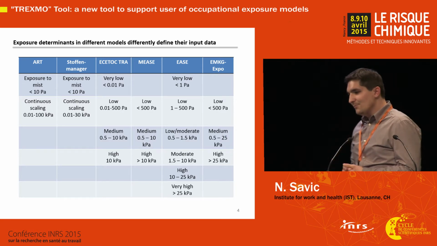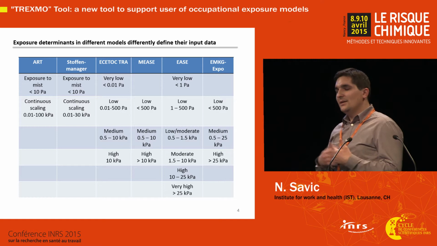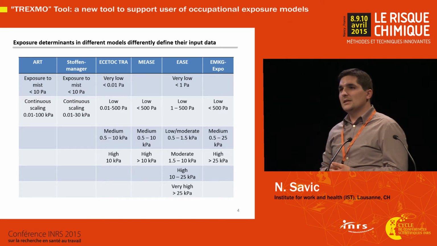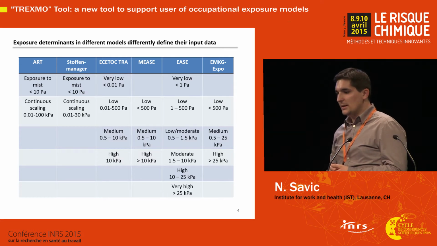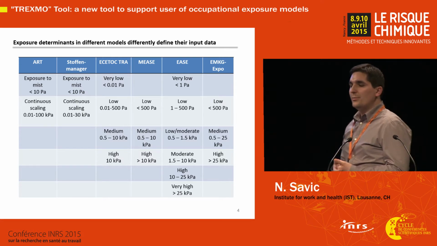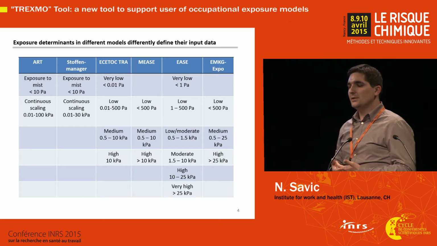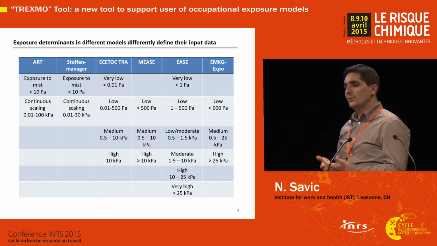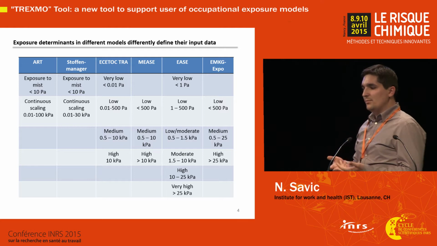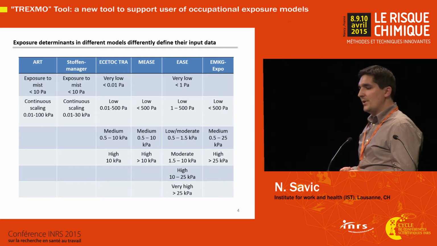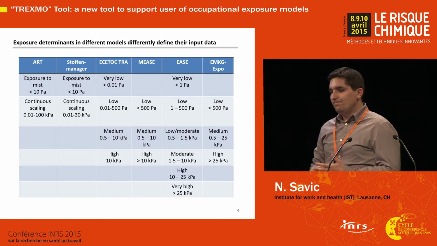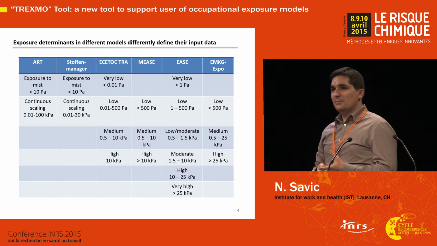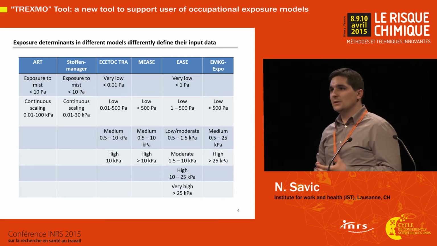But there are further differences between these simple models. For example, EasyTRA has 4 predefined vapor pressure range inputs to define fugacity of liquids, unlike MEASE that uses 3 predefined inputs for the same determinant.